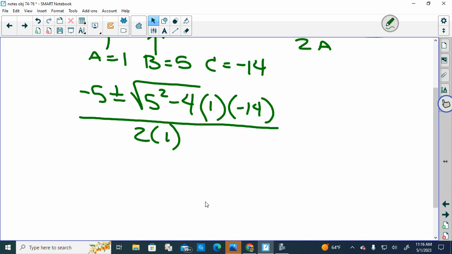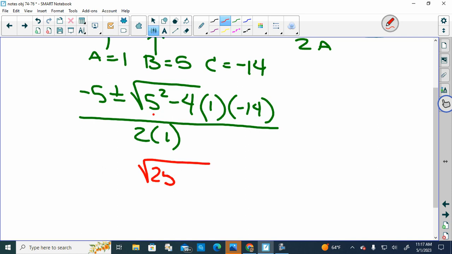So in order to do that, we've got to do everything underneath the radical first. Okay, so my first step is to simplify that. Okay, so 5 squared would make that 25. Okay, so I'm just simplifying this down. So 25. Okay, now with your calculator, a negative times negative is a positive, and really 4 times 1 is going to be 4, right?